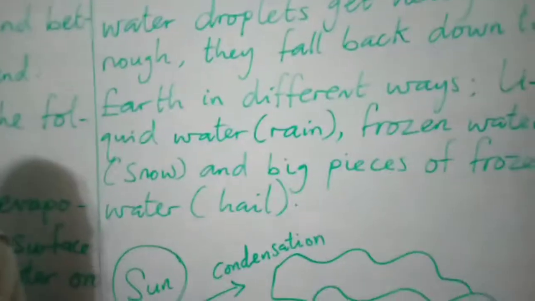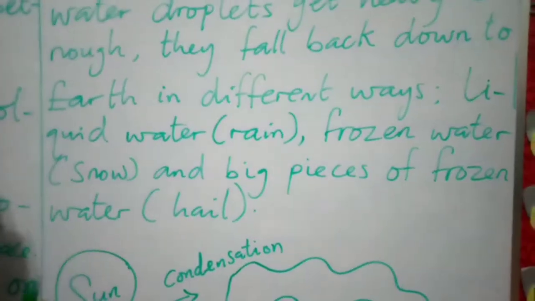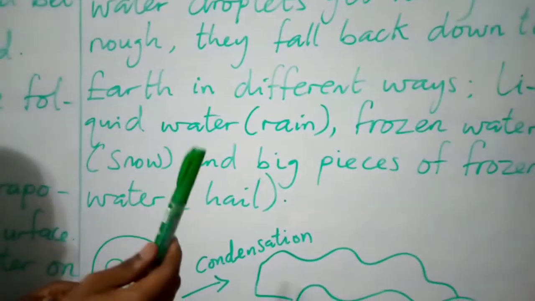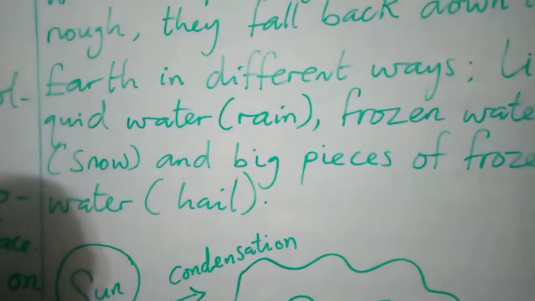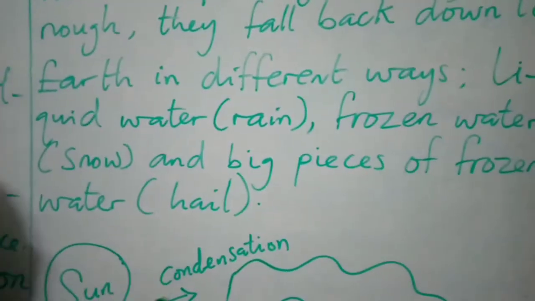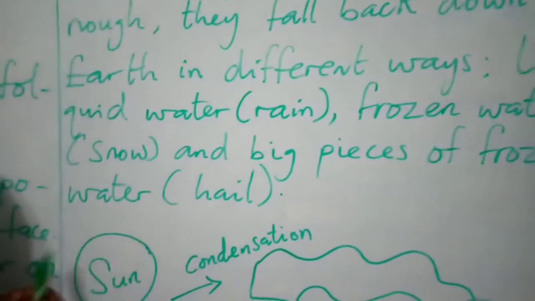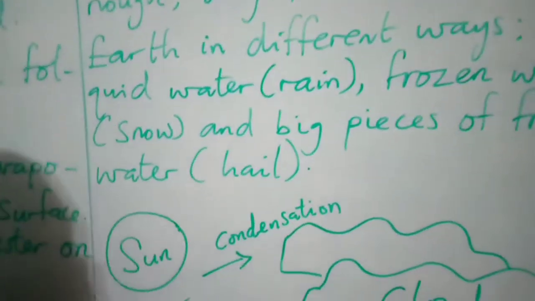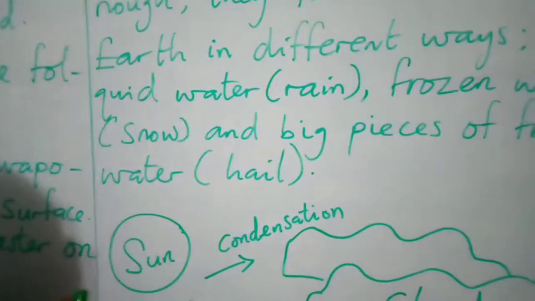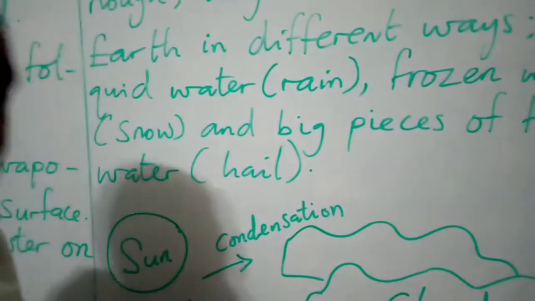In part of the world, you see snow falling down. So it falls back to the earth as snow. And the other form is big pieces of frozen water, which is called hail. So with these processes, you'll be able to define and explain a water cycle.